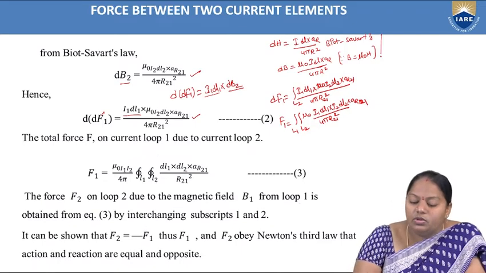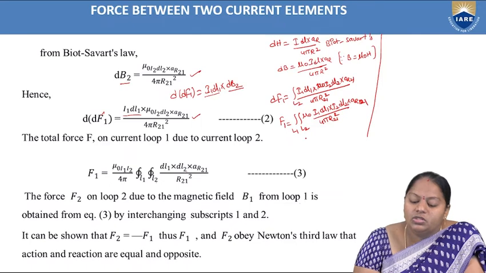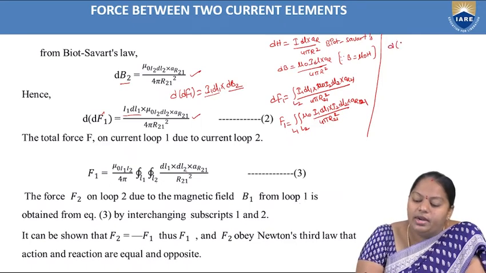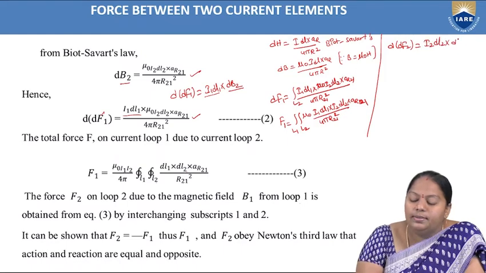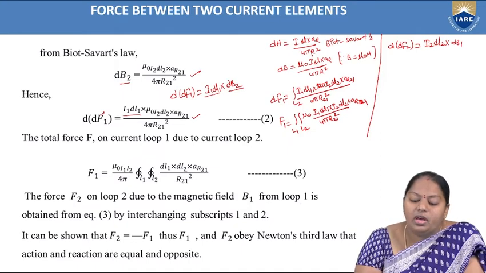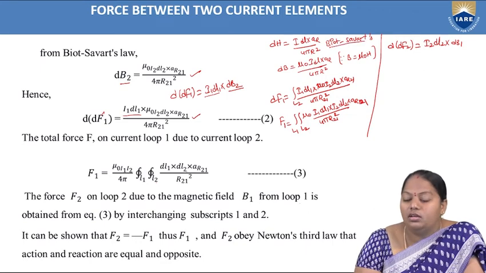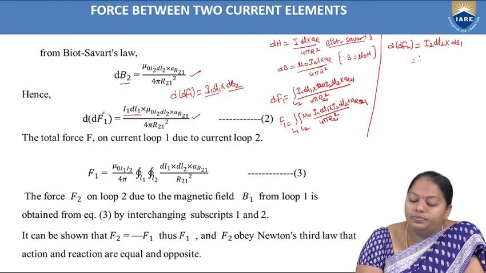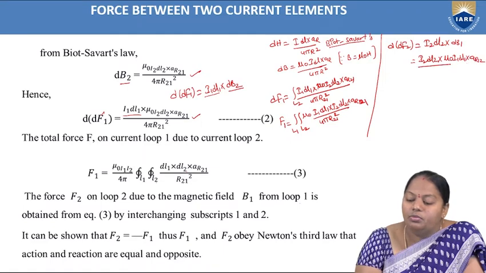In a similar way, we are going to calculate the equation for F2. To calculate F2, we have to consider dF2, which is nothing but I2 dl2 into dB1. So dH, we know, is I dl into aR by 4π R squared according to Biot-Savart's law. Then if we substitute B equals μH, we get μ0 I dl into aR by 4π R squared. Then this is equal to I2 dl2 into μ0 I1 dl1 into aR12 by 4π R12 squared.